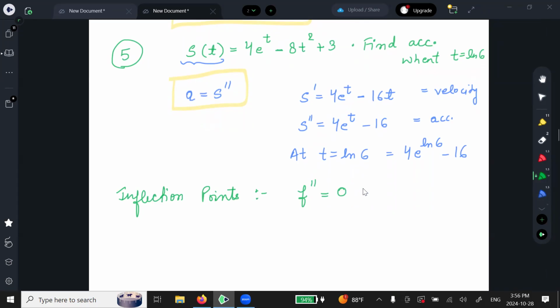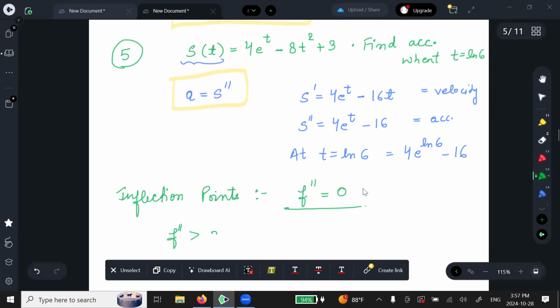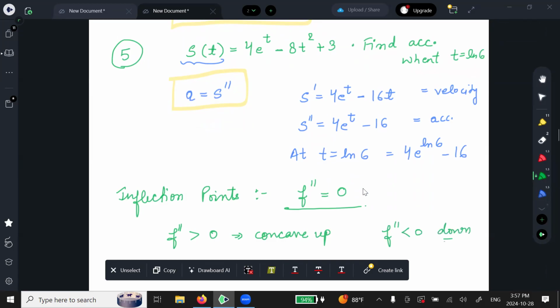You will get a true false MCQ question. Just know that at inflection points the second derivative is 0, if it's greater than 0, then your function is concave up. If it's less than 0, then your function is concave down. Just like if your first derivative is positive, your function is increasing. If the first derivative is negative, the function is decreasing. These are fundamentals. You should always remember this, right?